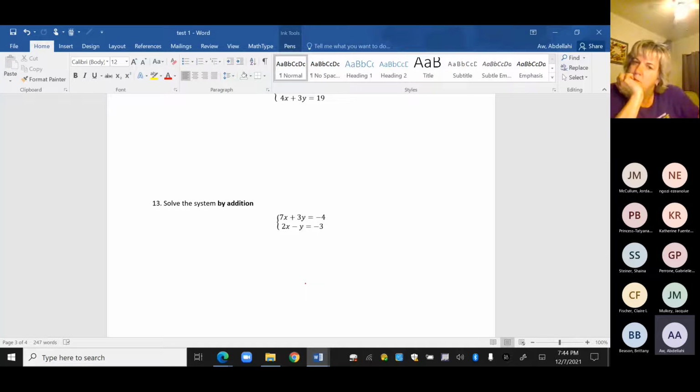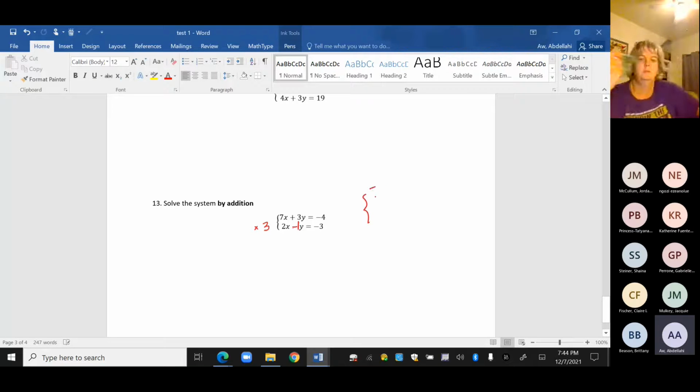Since I am always for the little work, I rather choose y. Because look now in the y, I have 3, I have negative 1. To make them match, I just need to change the second equation, right? I just need to multiply the second equation by how much? By 3, that's it.